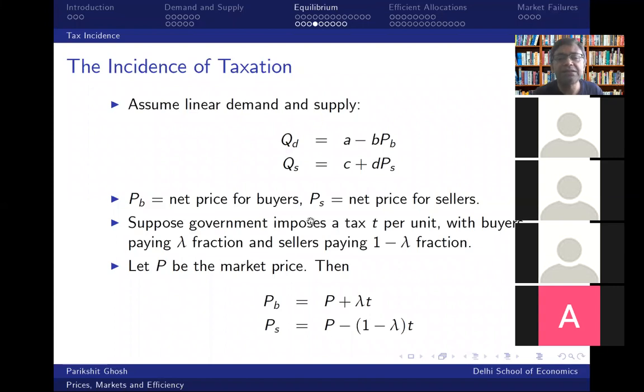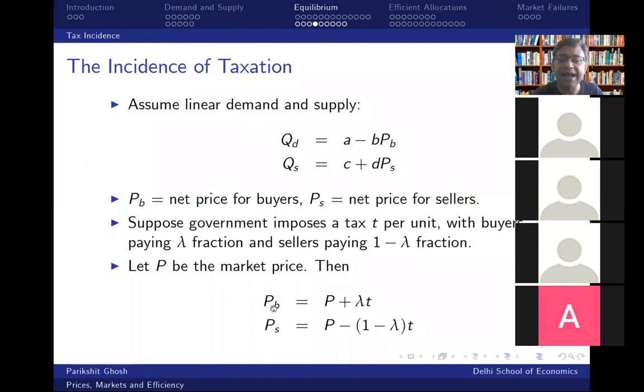Okay, so let P be the gross price in the market, right? In the labor market, it would be wages before tax deductions. In a commodity market, similarly. So P is the market price. Let's link up PB and PS to P. P is the before tax price. PB and PS are the after tax prices for the two sides respectively.